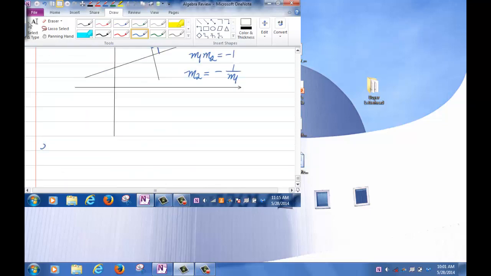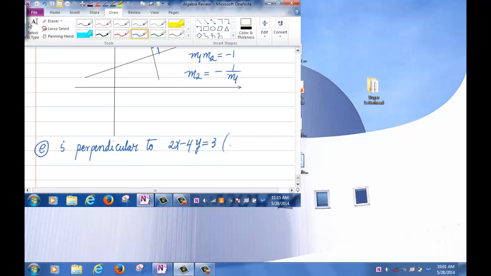So my question number E is that I am looking for the equation of a straight line passing through the same point (2, -5), and it is perpendicular to 2x minus 4y equals 3.